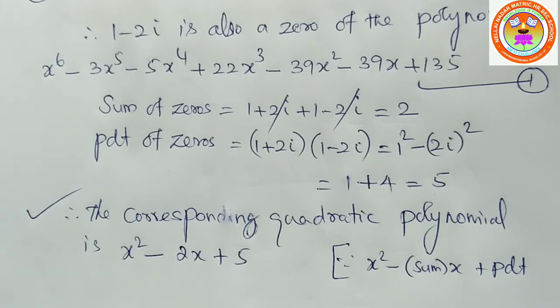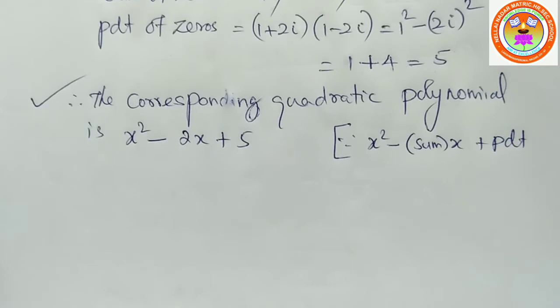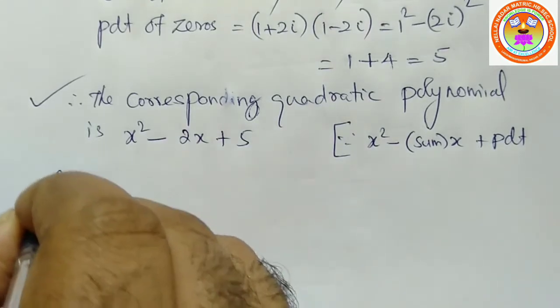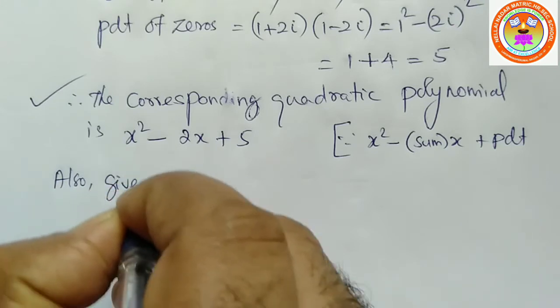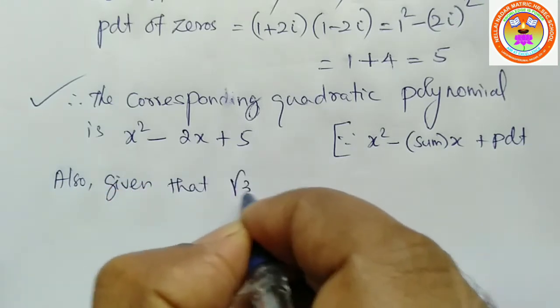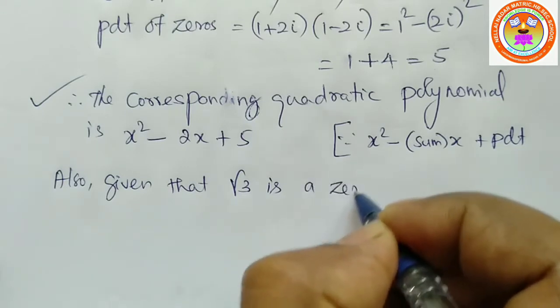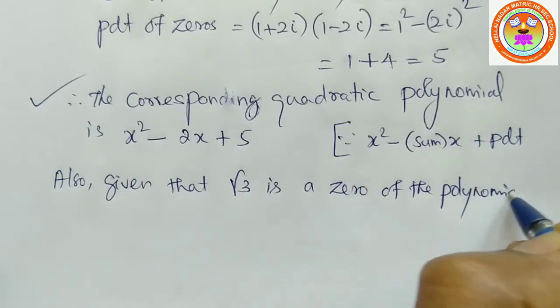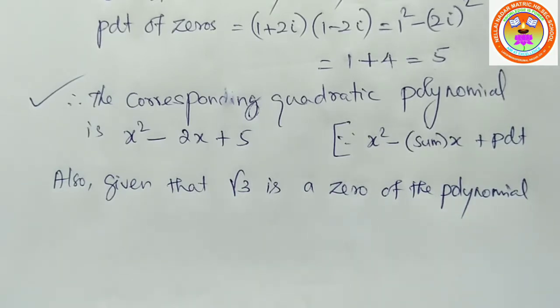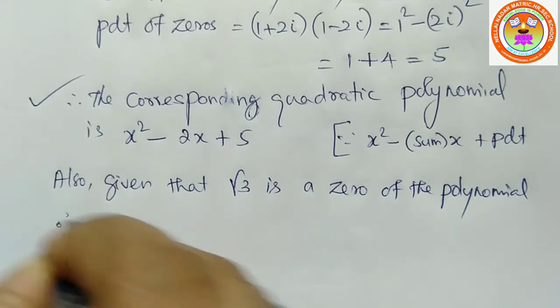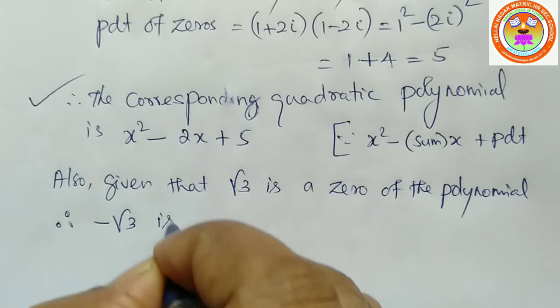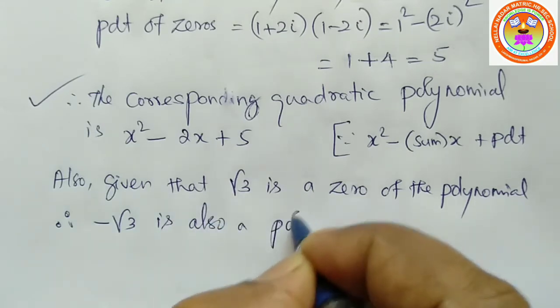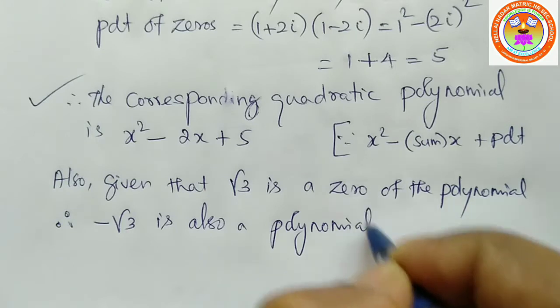Similarly, it is given that root 3 is also a zero of the polynomial. Now we are going for the second case. Also given that root 3 is a zero of the polynomial. So its conjugate, minus root 3, is also a zero.